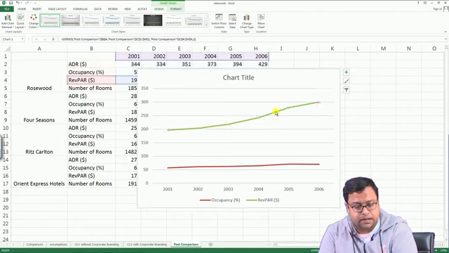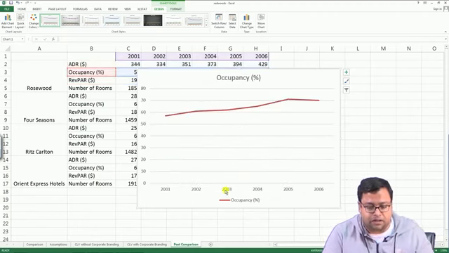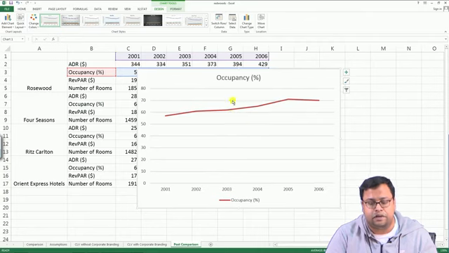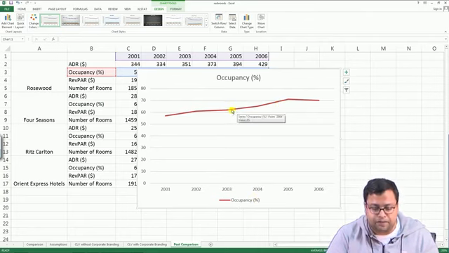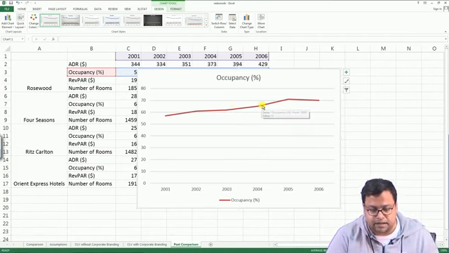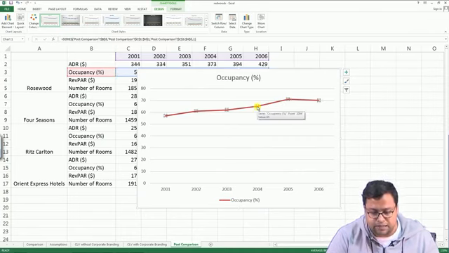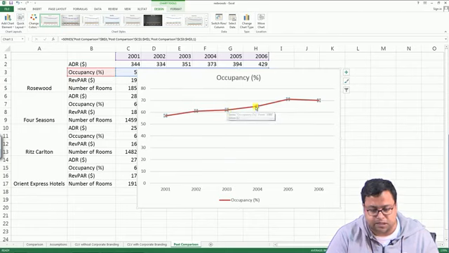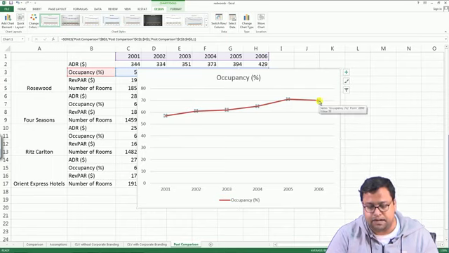But even after increasing ADR, you see after 2003 when they did this corporate branding, the occupancy rate also increased from, let us say, 65%, it increased to 71, and then the value is here also, here it is 65. So, from 62 it increased to 65 and then 71, and then it got saturated there, probably 71 and 70%.